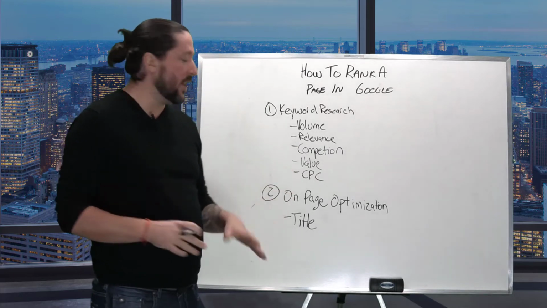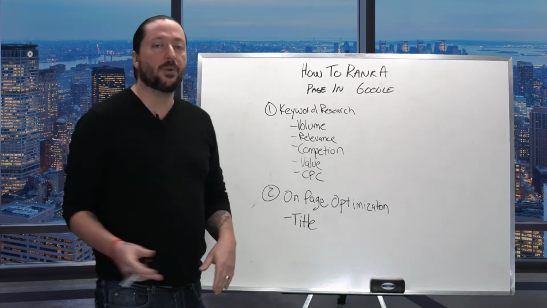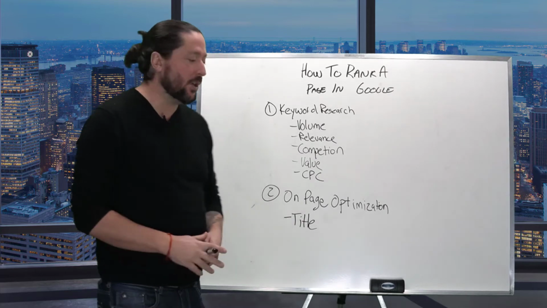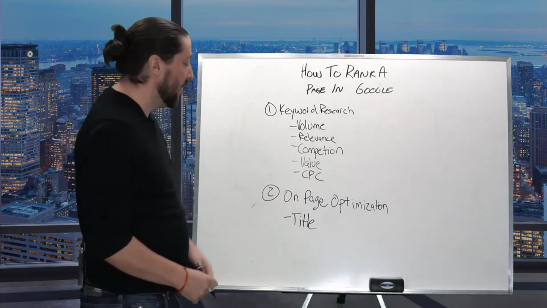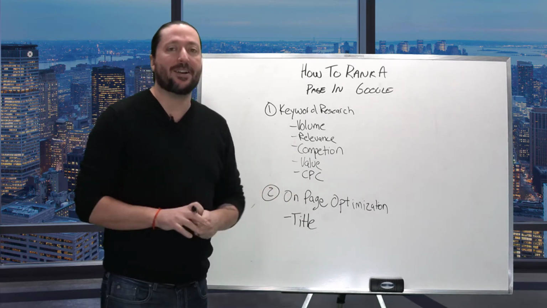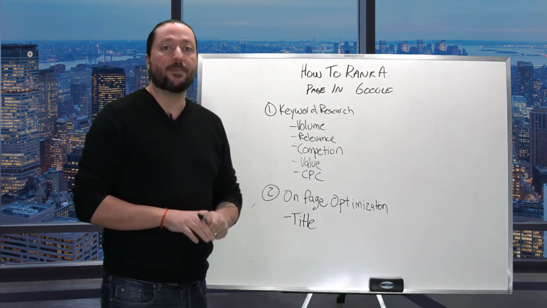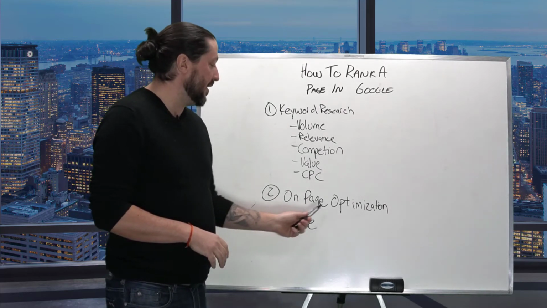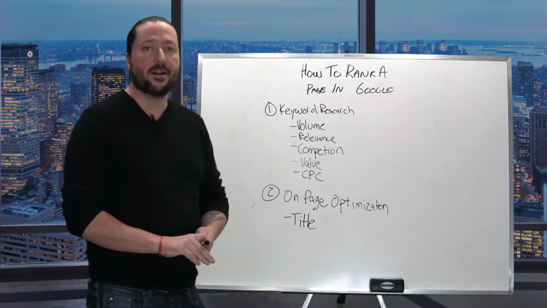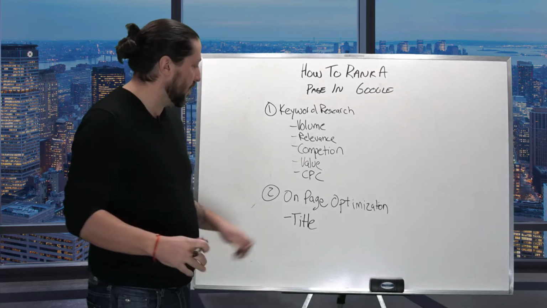I'm not going to go into all that. I'll just tell you that having your keyword in your title is a pretty obvious thing to do if you want to optimize for a specific keyword on a page. There's also tricks that we can do to help you optimize for multiple keywords, even though you don't use them exactly in your title. We can teach you that later on, but this video is not about that.